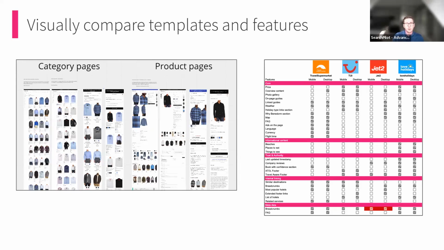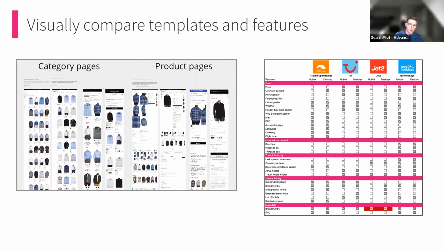Once you do that, you can produce something like the table on the right hand side. This is one that I did for the travel webinar a couple of weeks ago, where we compared 4 different websites, and then we compared what features they had on both mobile and desktop. I divided the template into, I mean, this was just made up by me, key parts of the page.